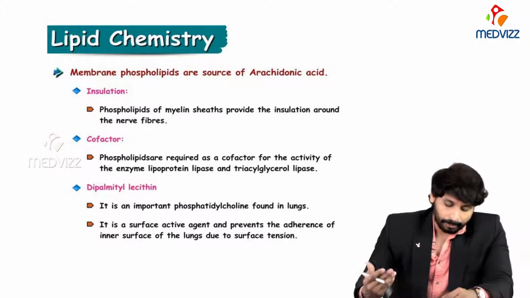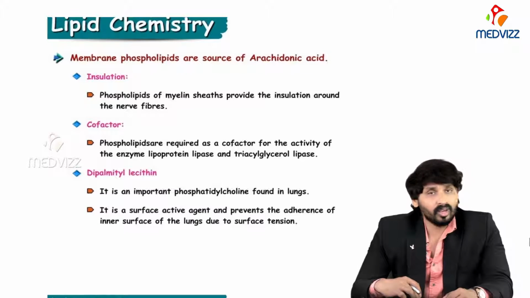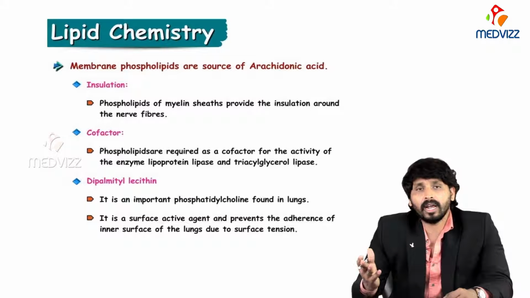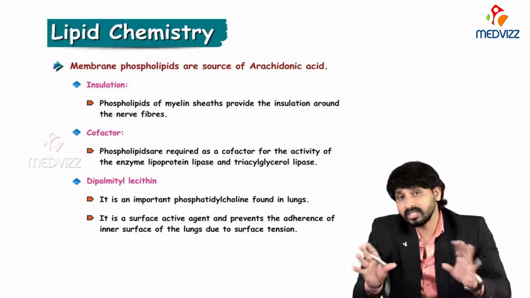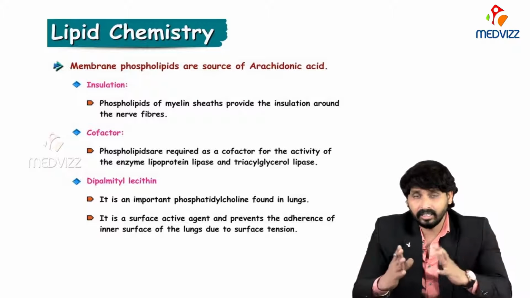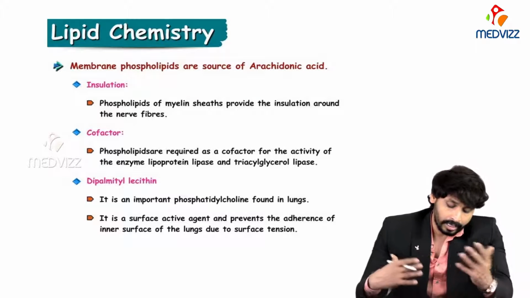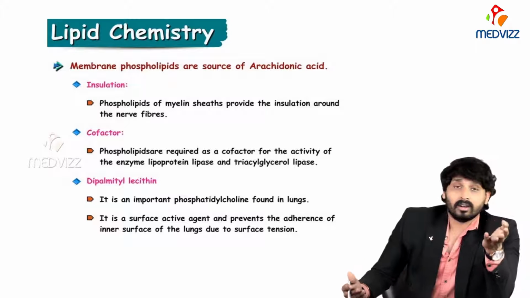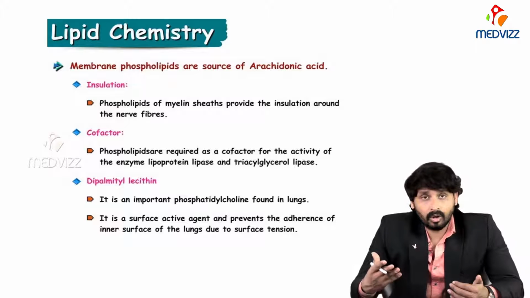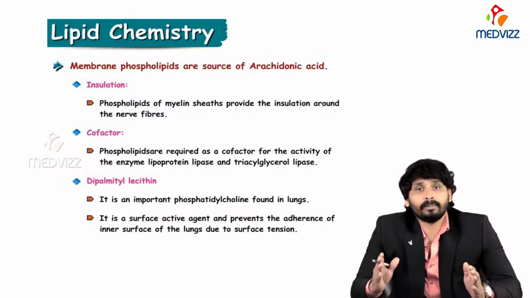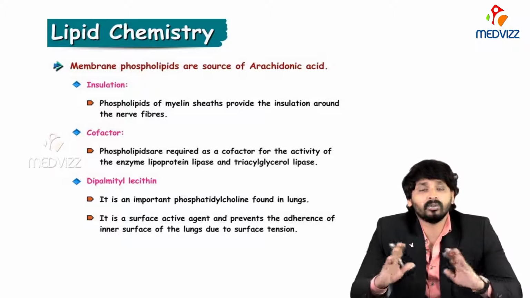Membrane phospholipids, like you have studied in cell membrane formation, require arachidonic acid. Another function is insulation: neural cells have a myelin sheath, and the phospholipids of the myelin sheath provide insulation around the nerve fibers.